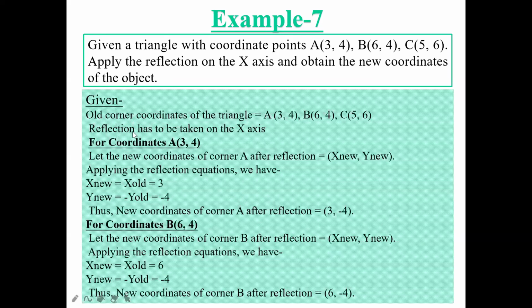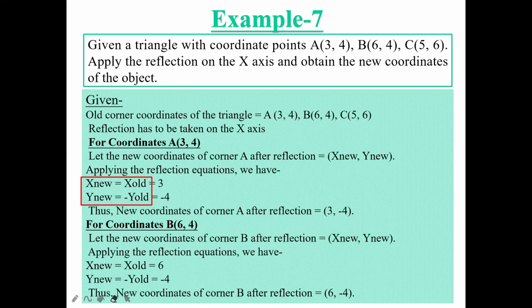So this value has been given. So you are going to do the reflection on your x-axis. If I want to do the reflection on my first vertex, after reflection I should get the value as x new comma y new. If I apply the reflection equation, I know that the formula is x new equals x old, and y new equals minus y old.